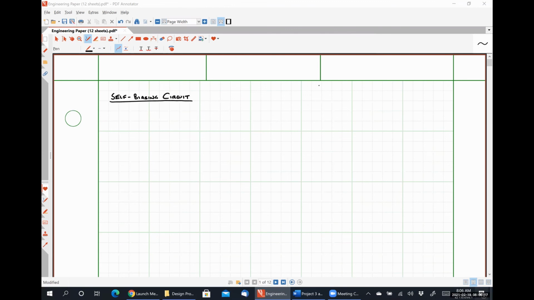And the self-biasing transistor circuit looks something like this. We have a resistance RD placed between our drain terminal and our power supply.